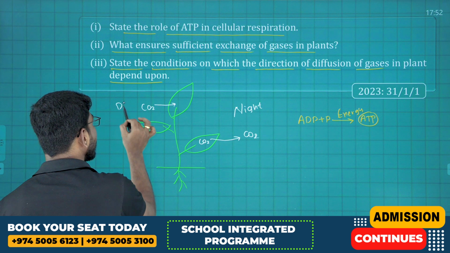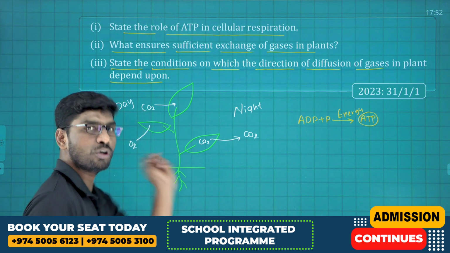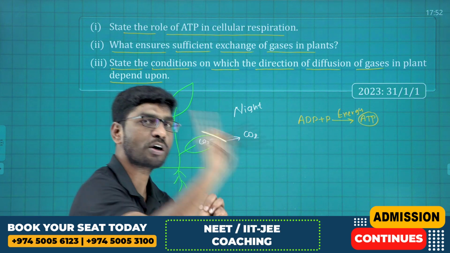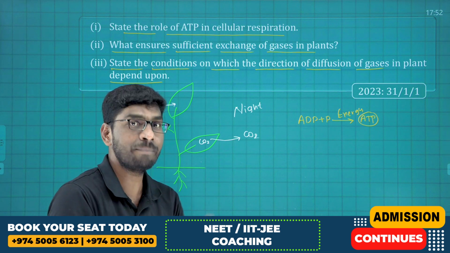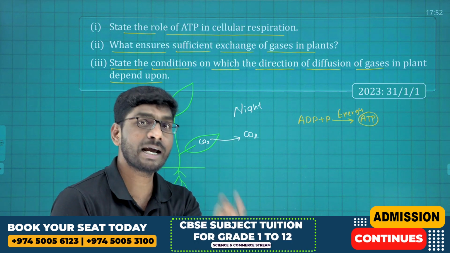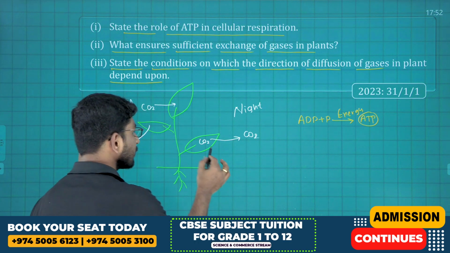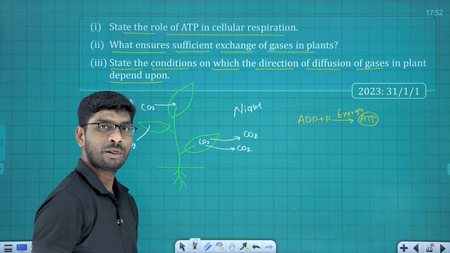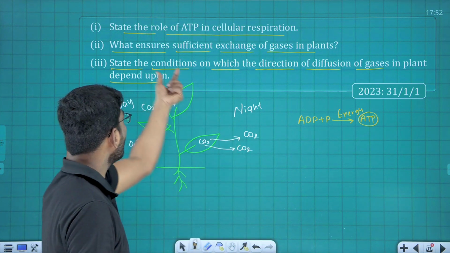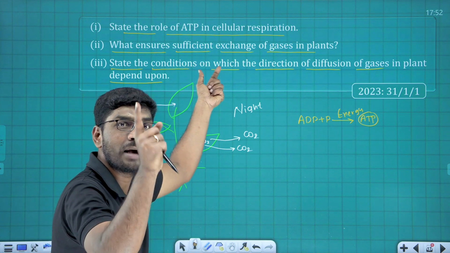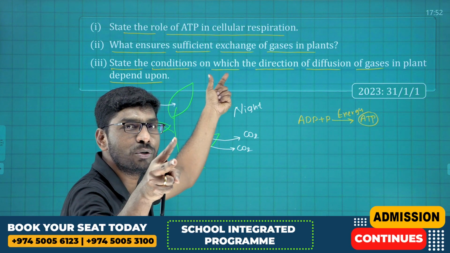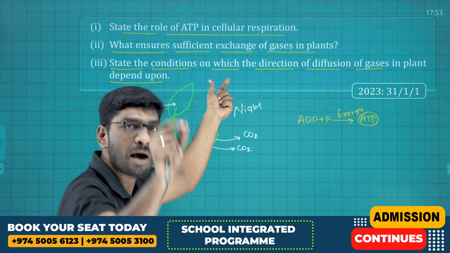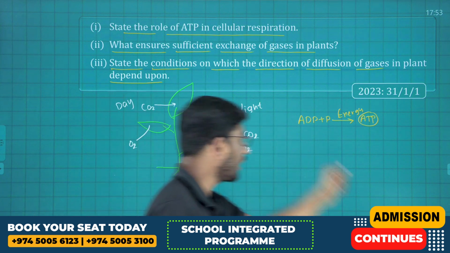That's why oxygen is released and carbon dioxide is taken in during the day. During nighttime, where there is no photosynthesis, carbon dioxide is coming out. So there are two conditions given: one is the environment condition and number two is the requirement of the plant. Clear, students? Go to the next question.